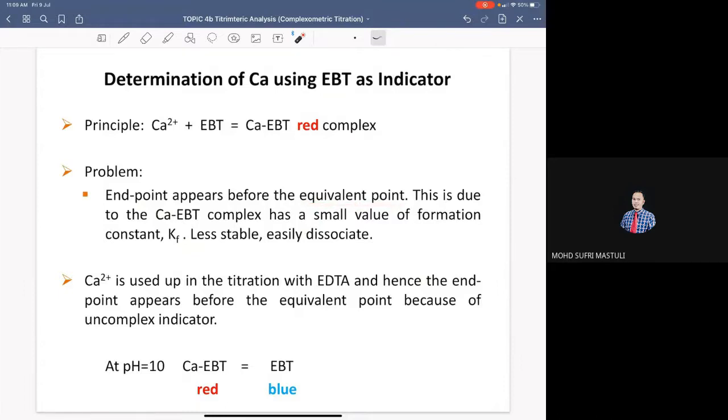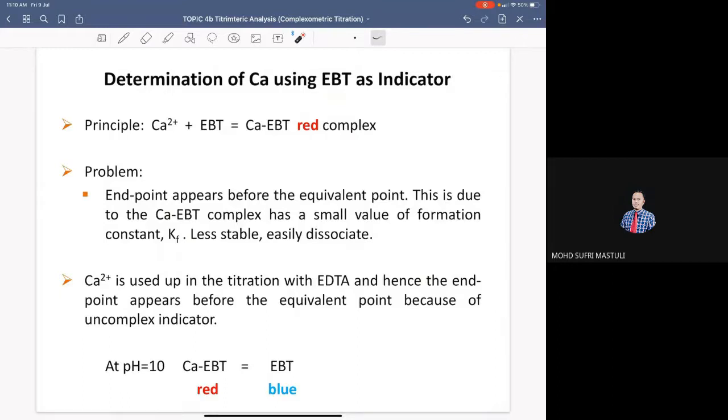Remember, when we do the titration, the equivalence point will normally come first before we reach the end point. But in this case, the end point comes first before the equivalence point. This is because the calcium EBT complex has a small value of formation constant, meaning that the complex is less stable and easily dissociates.